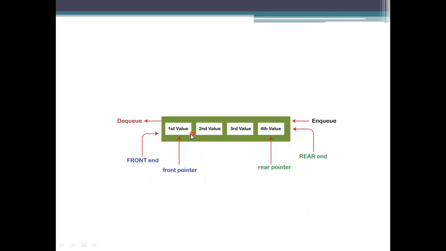Whenever you add values, the rear pointer keeps moving. For example, when you have only one value, it is at the front and also at the last, because you don't have many values in this structure.